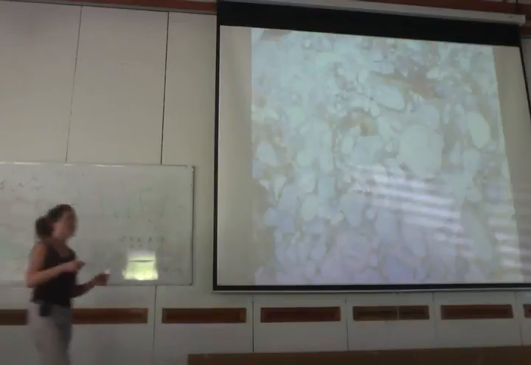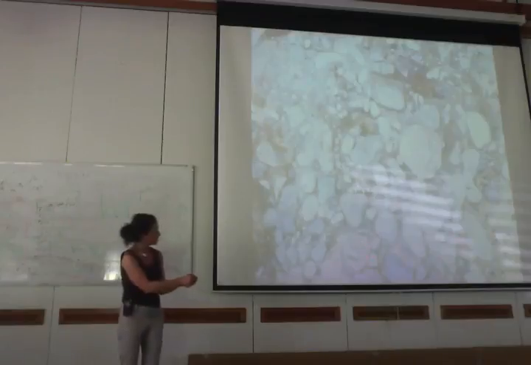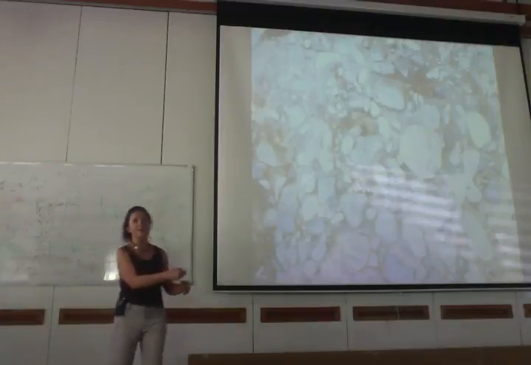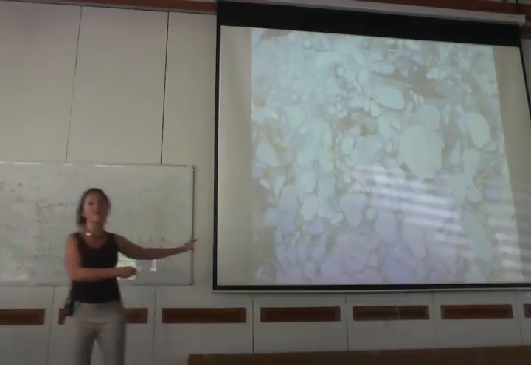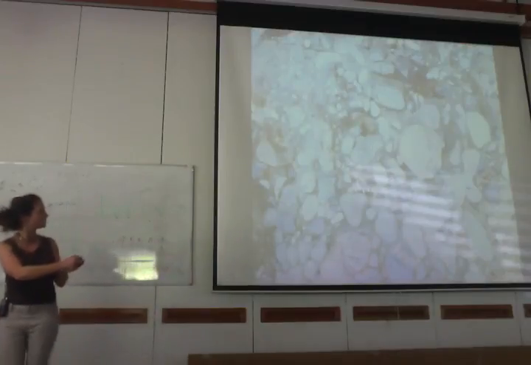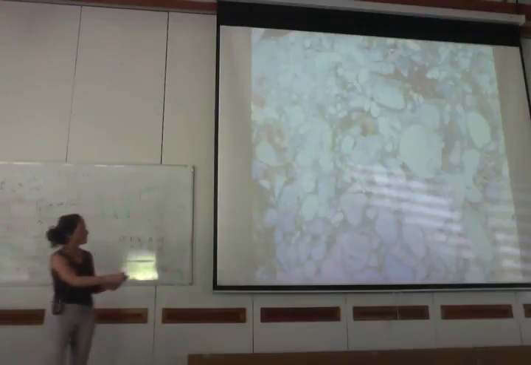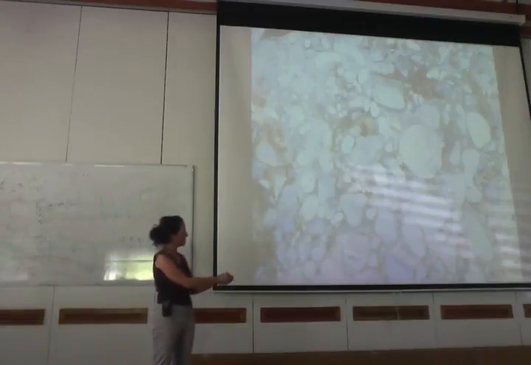And one really useful thing about these sediments is because we can look at the grains, we can look at these clasts, and we can tell what rock type it is because they're big enough. We can tell the source of that sedimentary rock. So this is a conglomerate from near Pacific Harbour. And if you look closely at each rock type, you can tell pretty much which volcanic range it came from.